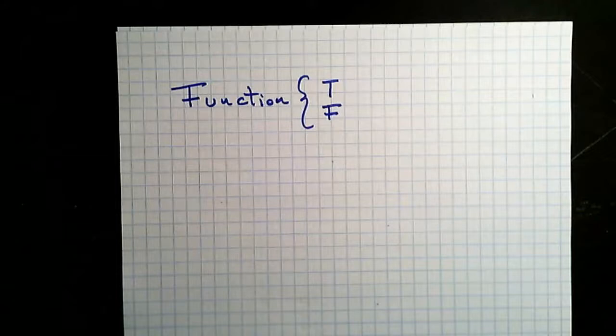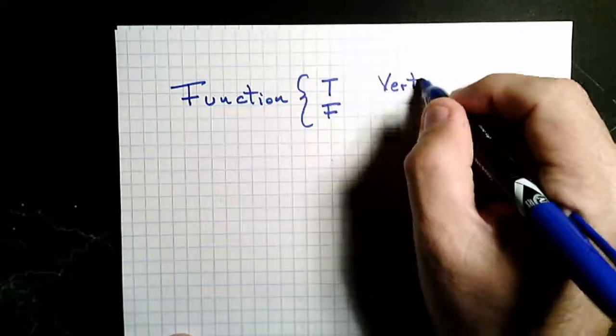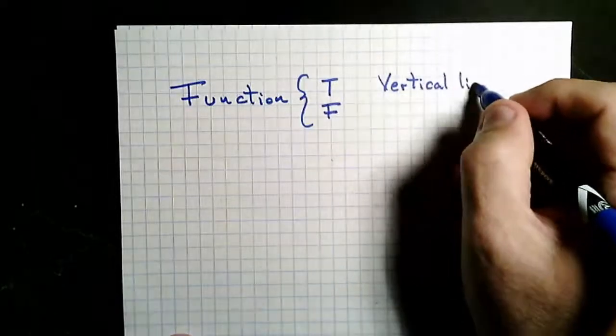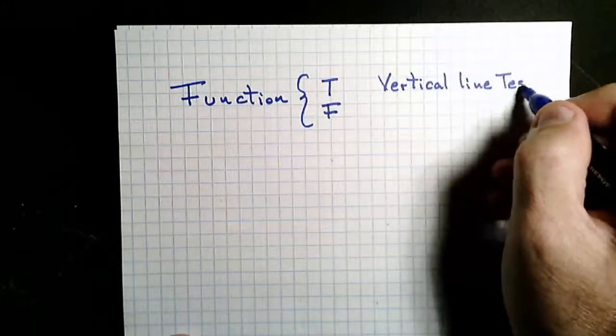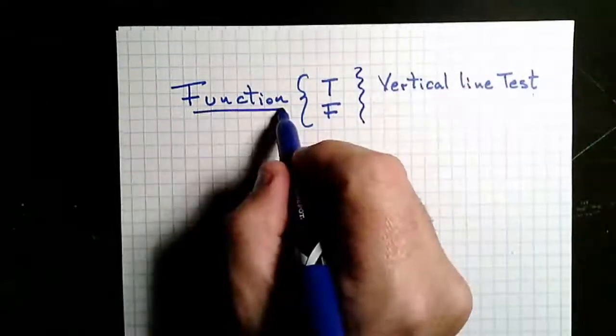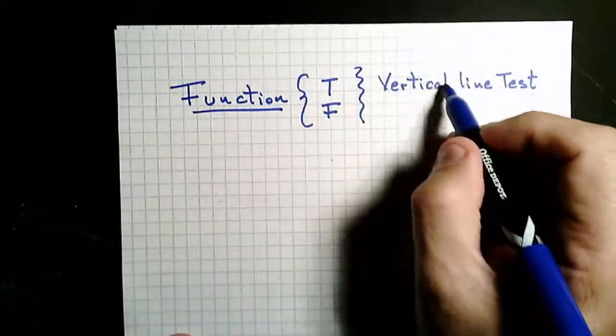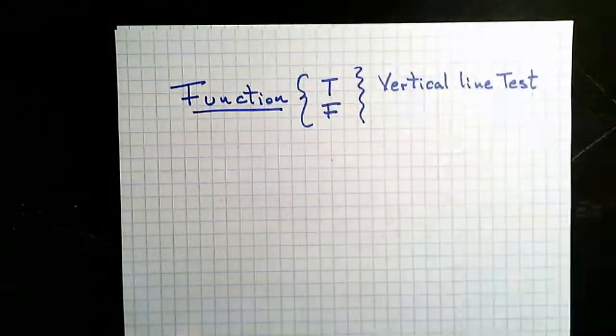Well, there is one way to see if it's a function or if it's not a function, okay? This is called the vertical line test. If they ask you if this is a function, yes or no, you have to run the vertical line test.